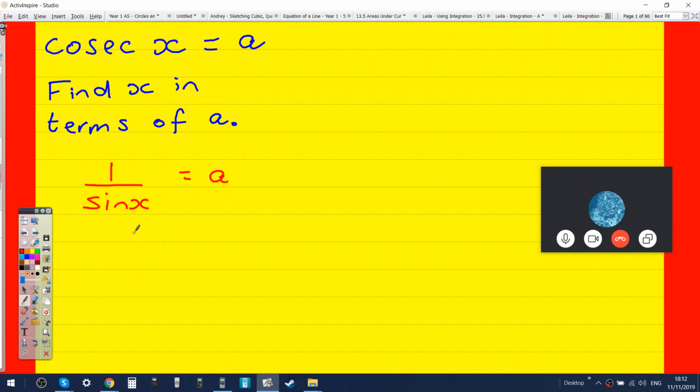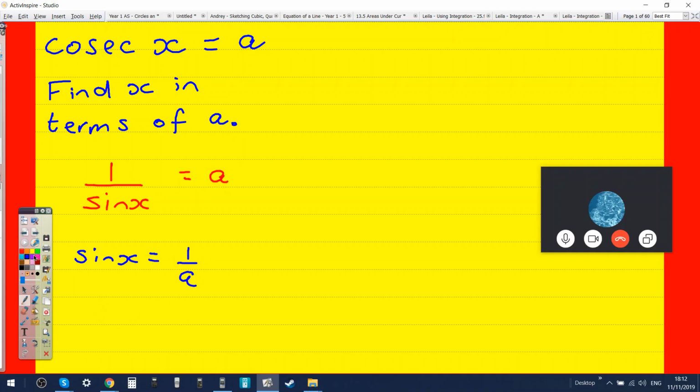So then you can rewrite it as, multiply over this 1 over sine. Yes, and actually a quick and easy way would be to say sine x is 1 over a.